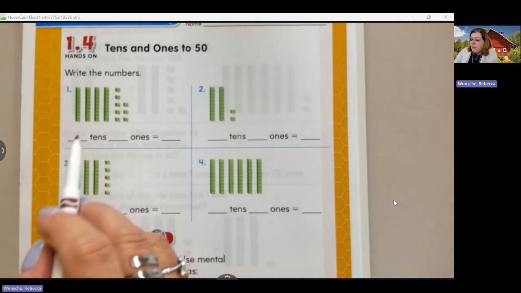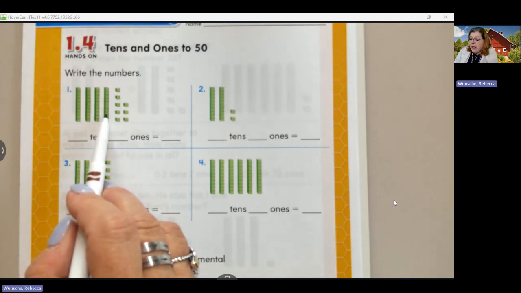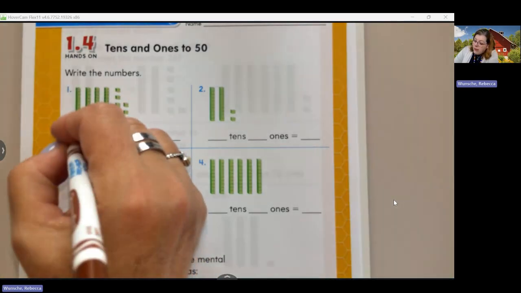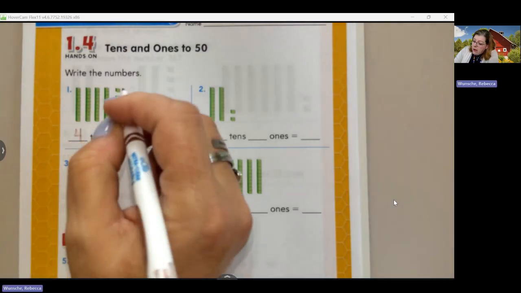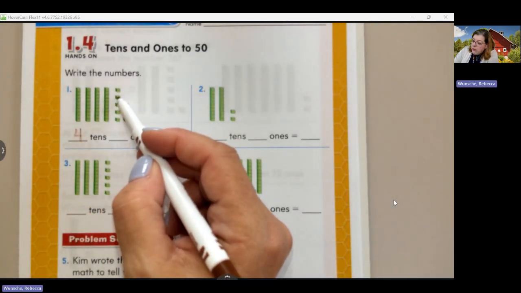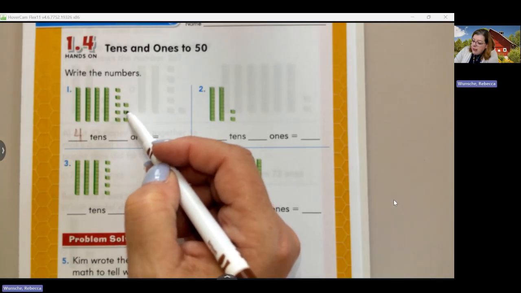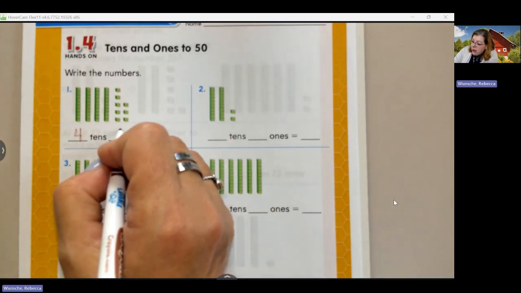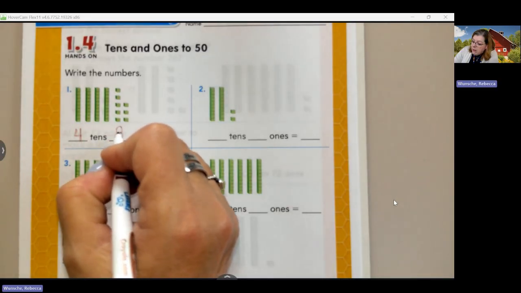So for example, with this one, we see 1, 2, 3, 4 tens rods. So we have 4 tens, and then we have 1, 2, 3, 4, 5, 6, 7, 8 ones. So we're going to list our 4 tens and our 8 ones.